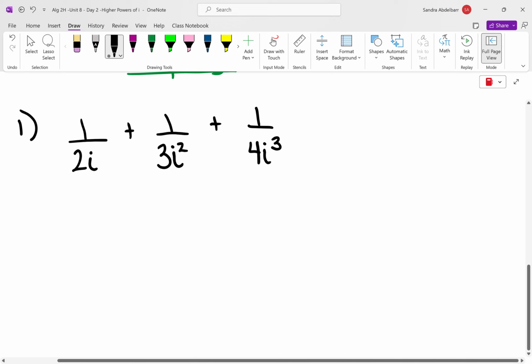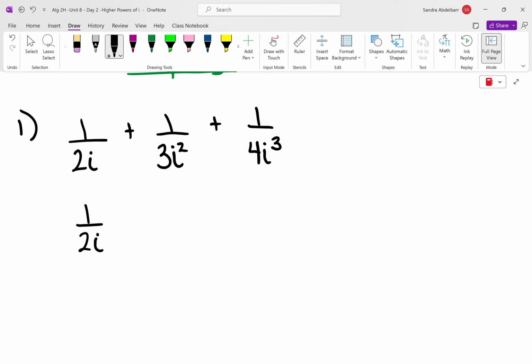So we have 1 over 2i plus, isn't 3i squared just -3, and then we know i cubed is -i, so this becomes a -4i.